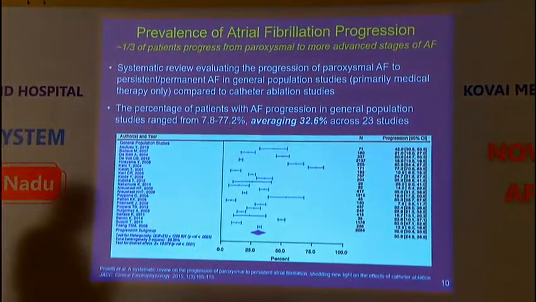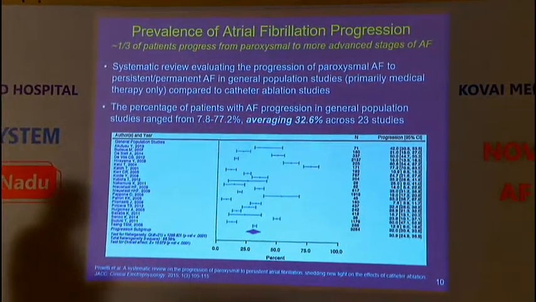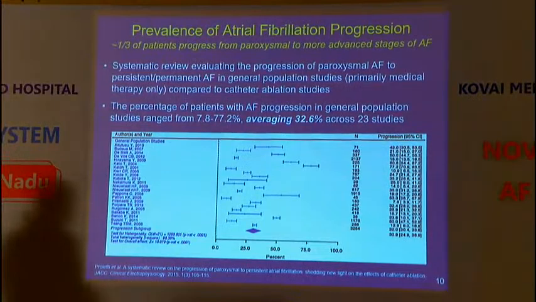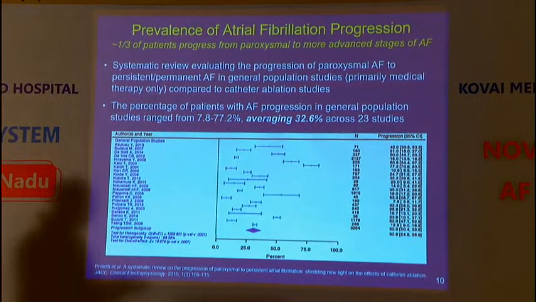A few studies are quoting that close to 77% of the patients who initially presented with paroxysmal AF ultimately end up in some form of persistent or permanent form. So the average is around 33-34%. So, a pretty high number. Close to one-third of the patients whom you have seen as paroxysmal AF will ultimately end up having permanent AF.